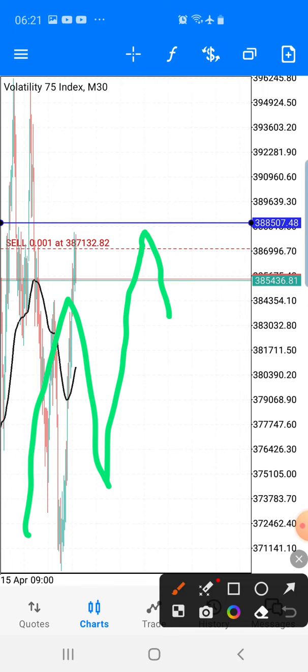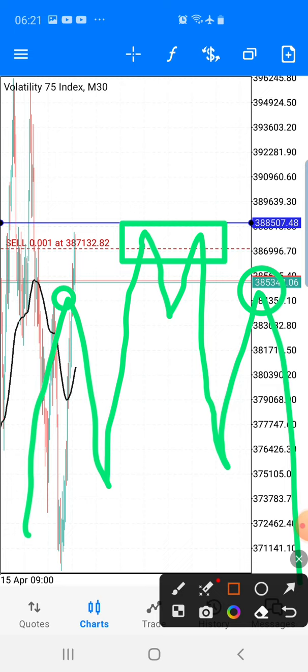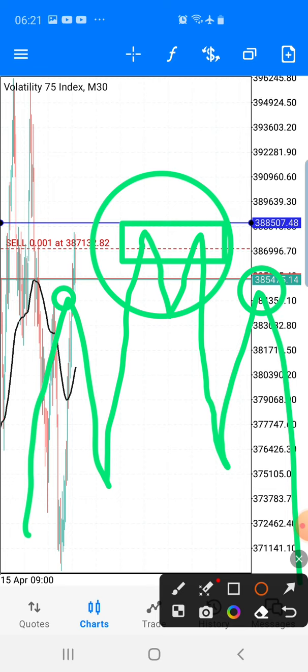Let me just use the one we are trading. Okay, this is the shoulder and this is the head, but in that head you have another pattern within a pattern. So this is a pattern within a pattern. You have a double top at the head of the head and shoulders pattern.